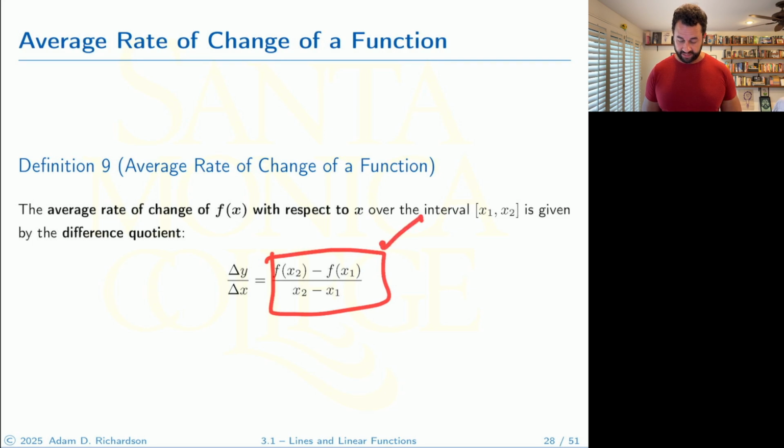More specifically, it's this expression right here, f of x2 minus f of x1 over x2 minus x1. We're going to talk about the difference quotient at length here, but I just want to emphasize that if you ever hear somebody talk about this, they mean the slope formula. Difference quotient means the slope formula.